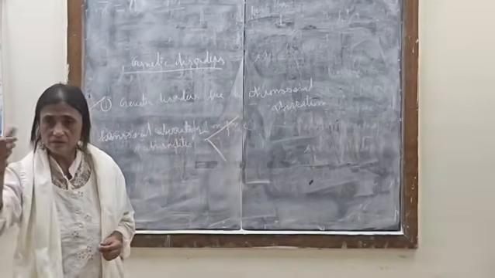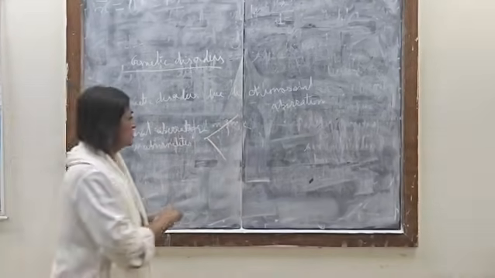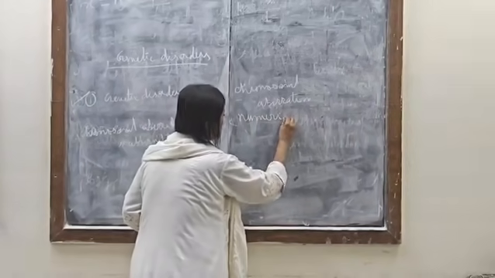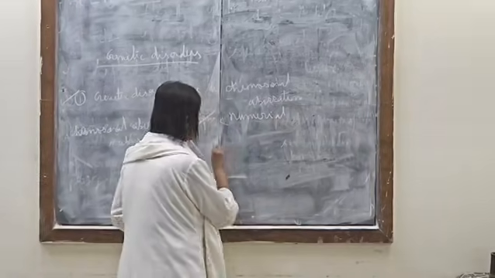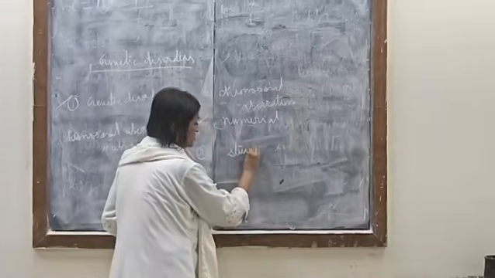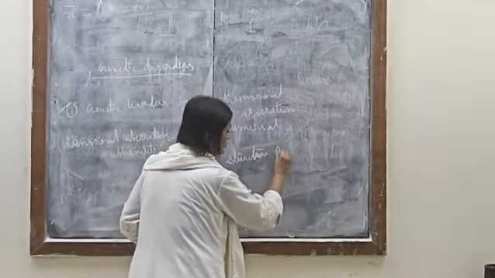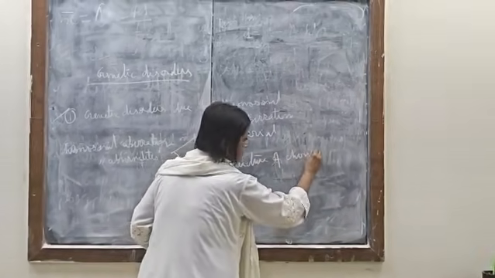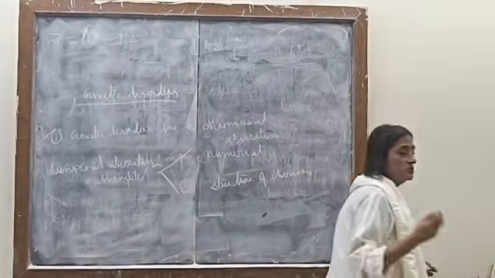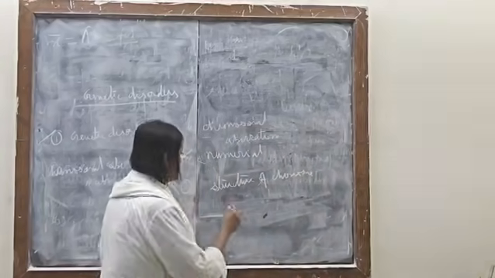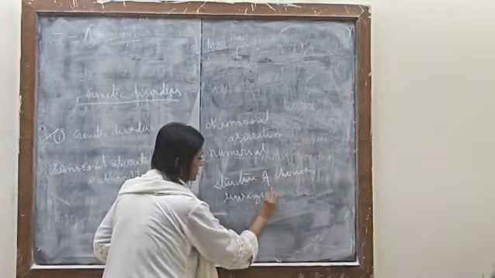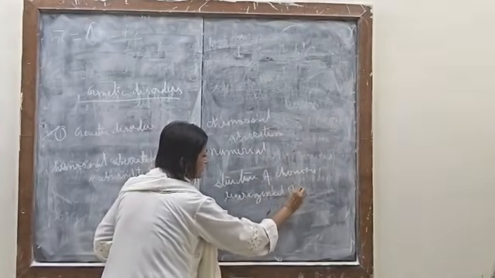This is again divided into two subcategories. First is numerical chromosomal aberration. Second is the change in the structure of chromosome due to a rearrangement of segments.